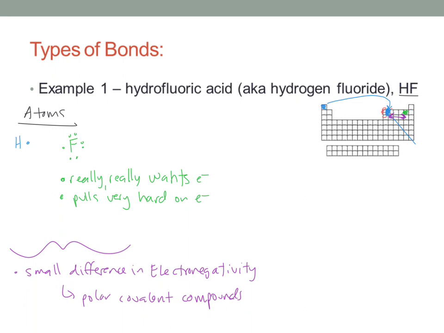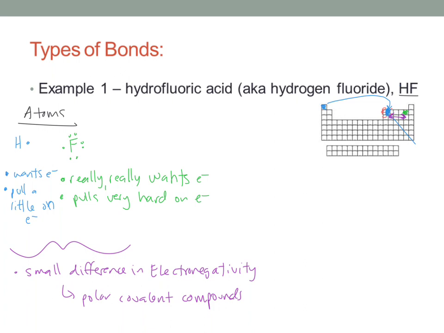It's relatively electronegative, but it's not really electropositive. It's not that it has no electronegativity. It has some. So it's not that it really wants electrons. It sort of wants electrons, and it's going to pull a little on electrons, but just not as much as fluorine.